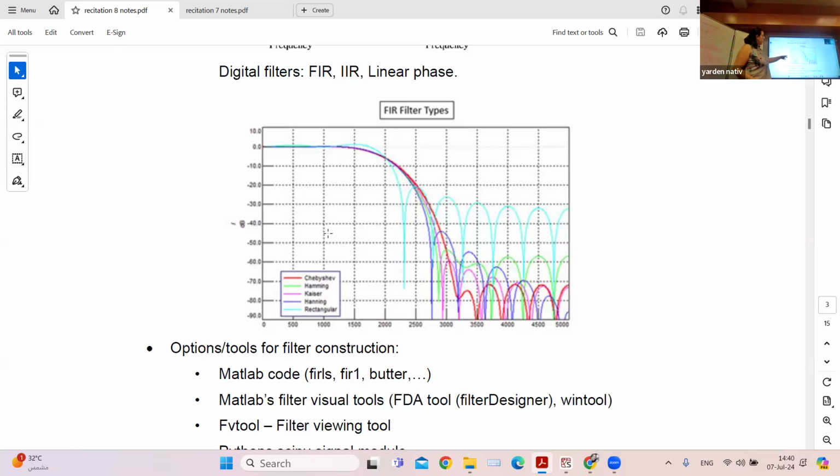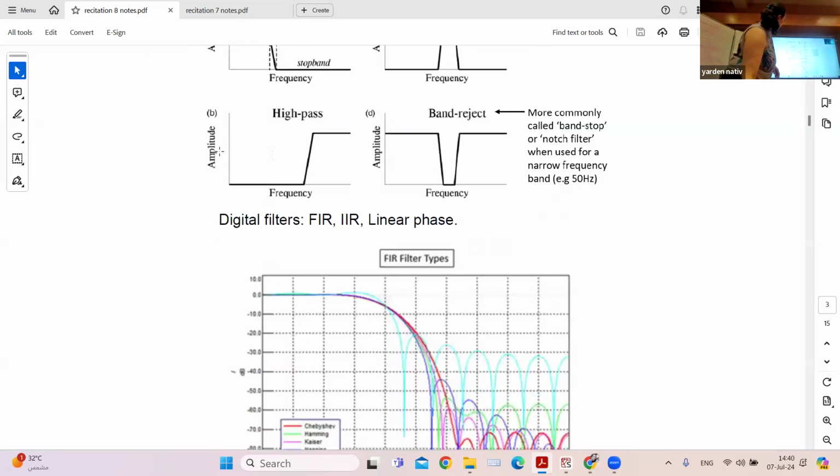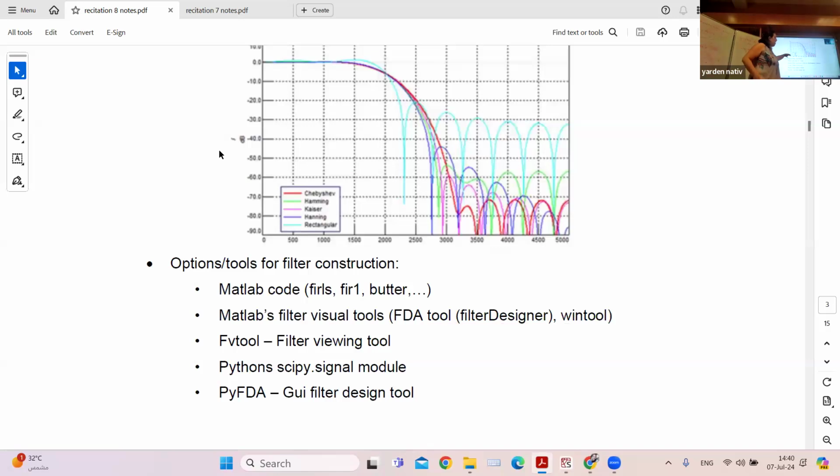The upper types of filter are designed by looking at the frequency domain, and the lower kind of filters are designed in a different way, which is called systems, which are filters called FIR and IIR.